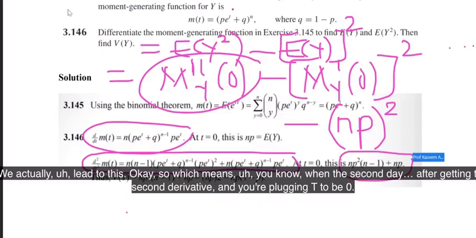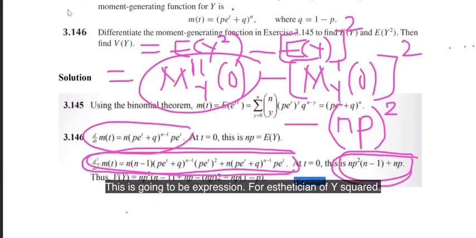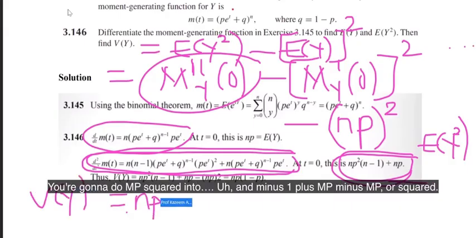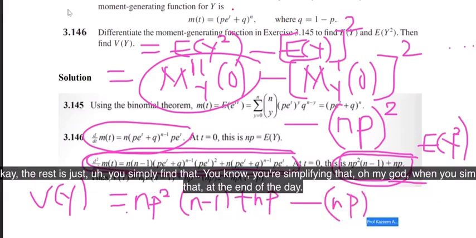So when, after getting the second derivative, you plug in t to be 0, this is going to be the expression for the expectation of Y squared. And of course, to get your variance, you're going to do np squared into n minus 1 plus np, minus np squared. The rest is just you simplifying that.